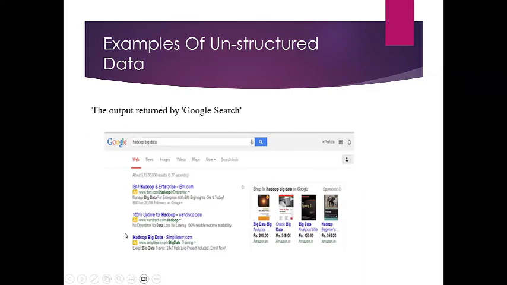Once you search, it gives this kind of output, a kind of context, then some suggestions, or in some cases some images. Those are not structured, right? If you try to download and store it in a proper manner, you will experience a lot of difficulties because of unstructured data, right?